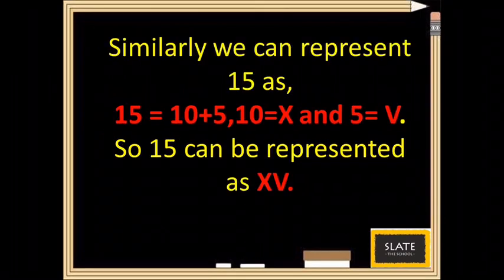Similarly, we can represent 15 as 15 is equal to 10 plus 5. 10 is equal to X and 5 is equal to V. So 15 can be represented as XV.